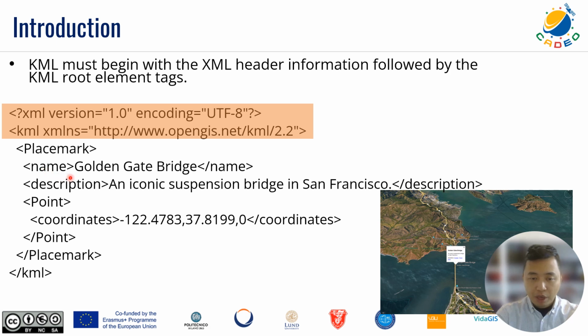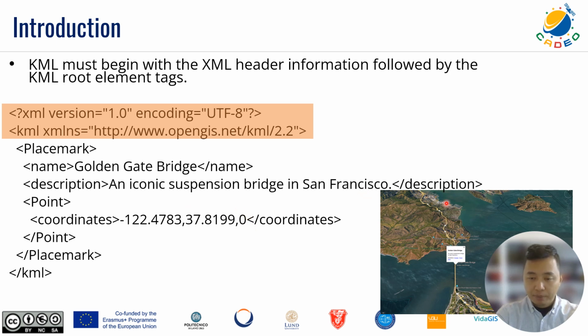For example, here we have the name of the placemark, the description, and the point. The point of the placemark will have the coordinates. So to sum up, in this KML, it will show a placemark named Golden Gate Bridge with the description as an iconic suspension bridge in San Francisco, and the coordinates to show it on the geo browsers.